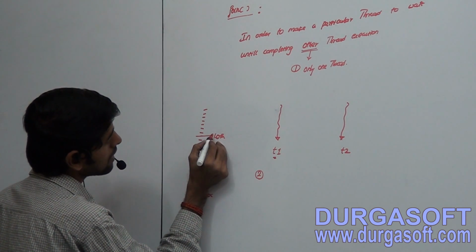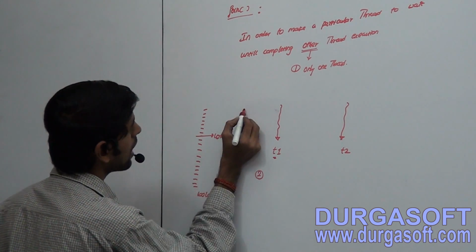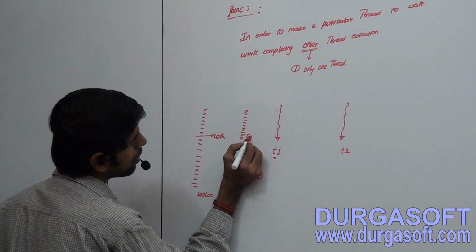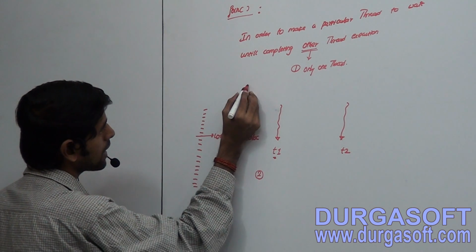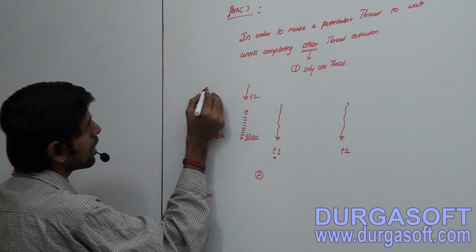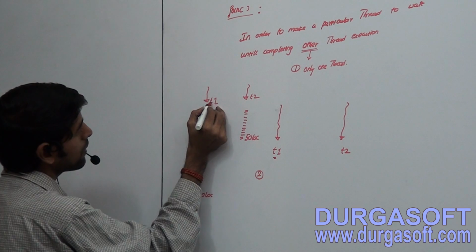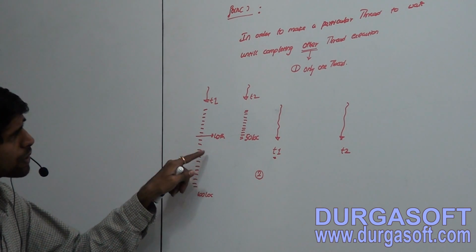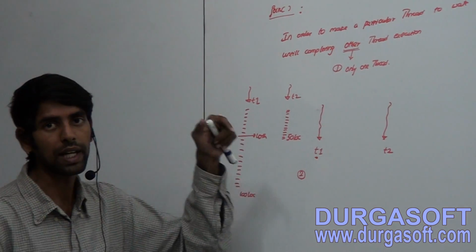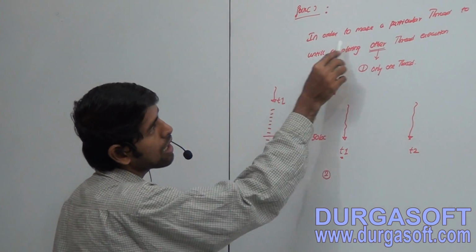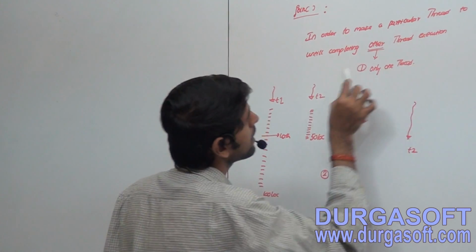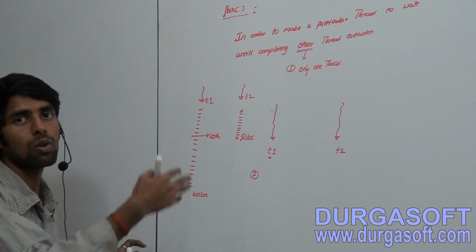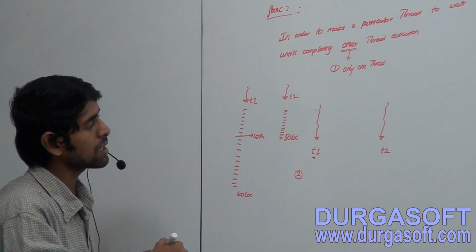T2 also has a job of 50 lines of independent code, which is going to be executed by T2. Now T1 has to wait until T2 thread execution completes. In order to make a particular thread wait until another thread completes its execution, we have to go for this one. This is a single trick.